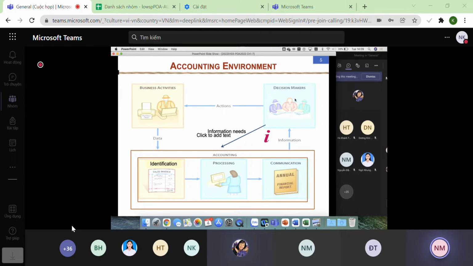What is decision makers? Who are they? What kind of business activity is the data of accounting system, and what are the activities of accounting system. So our course focuses on this figure, and will go further in detail inside this figure one by one.